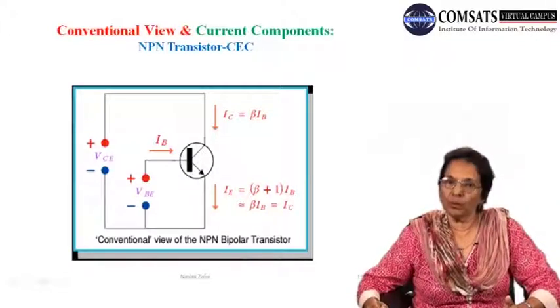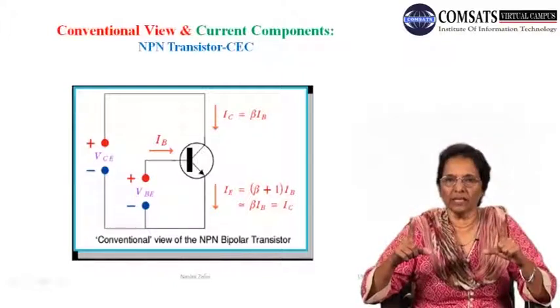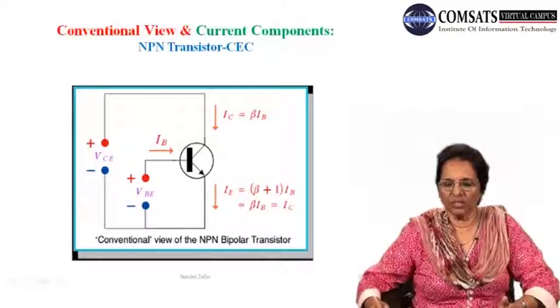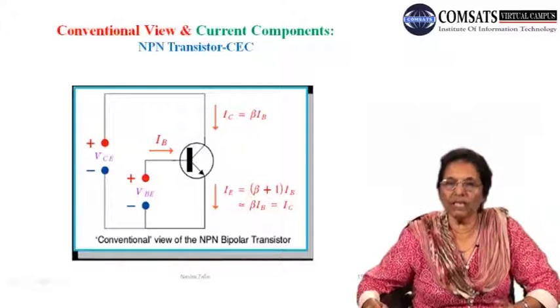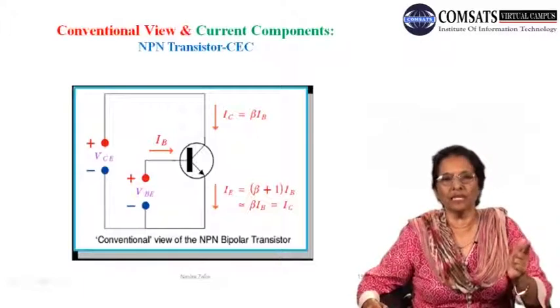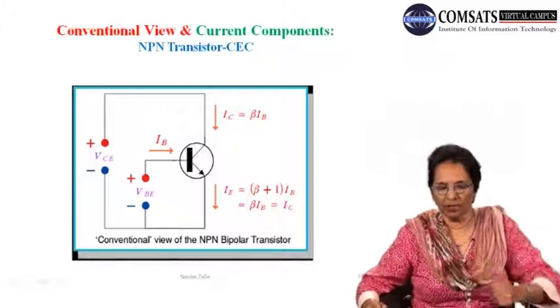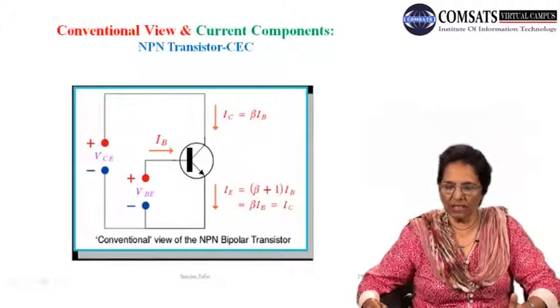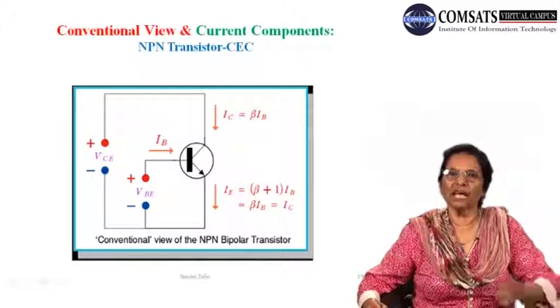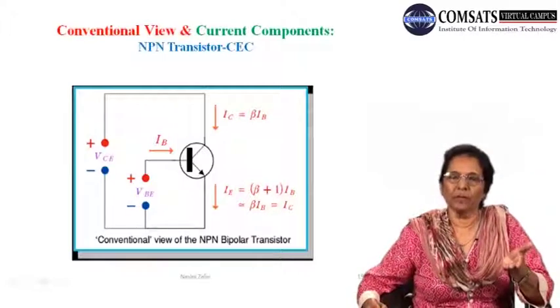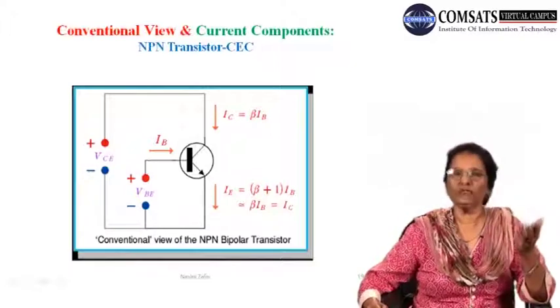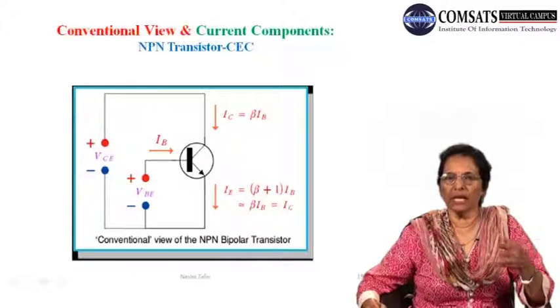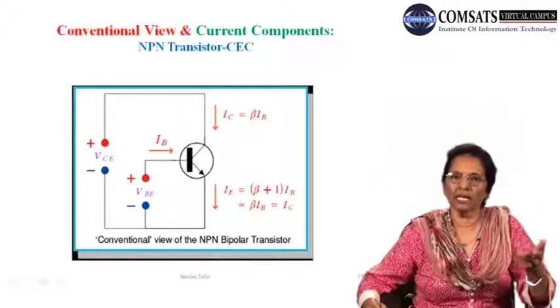Similarly, in the output loop, the bigger rectangle, you will see that the current is again flowing in the loop, and we have shown the IC direction, keeping the conventional direction of current from the positive terminal to the negative terminal. Both IC and IE are flowing in the appropriate direction as defined by the positive polarities of the voltages, both the input voltage VBE and the output voltage VCE. So we have three current components shown by the arrowheads and two voltages in the input circuit and output circuit.